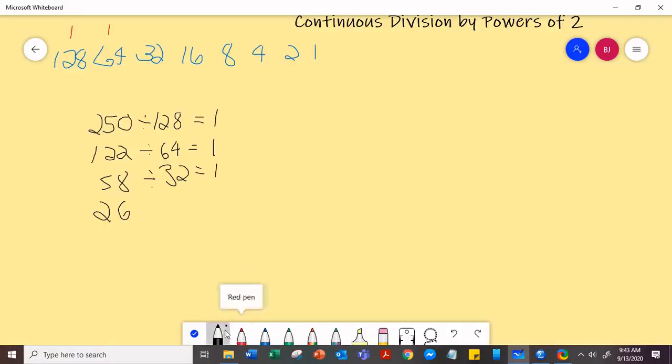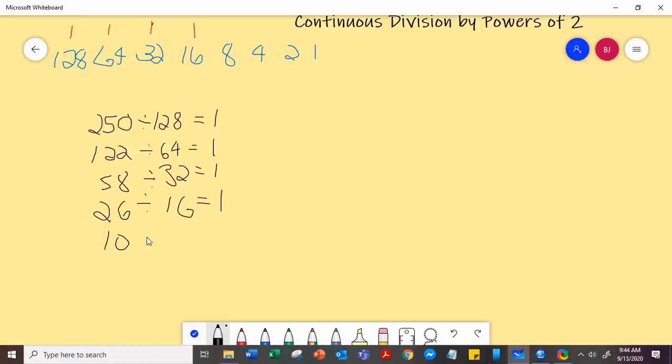So we were able to divide by 32. Then divide by 16, which is the next largest digit here. So we have 1, and we have 10. So we have 1 here.